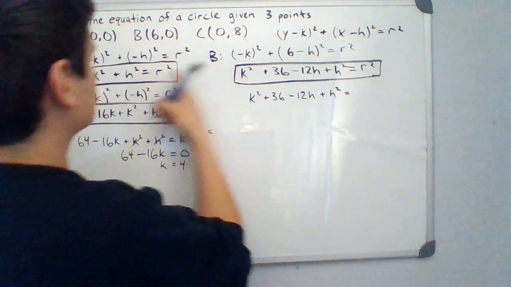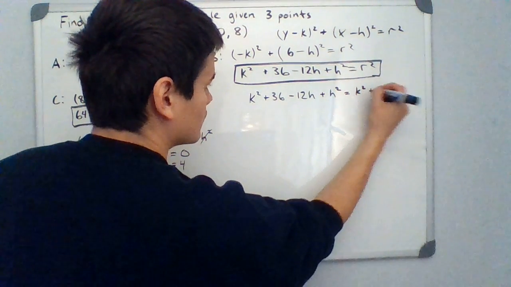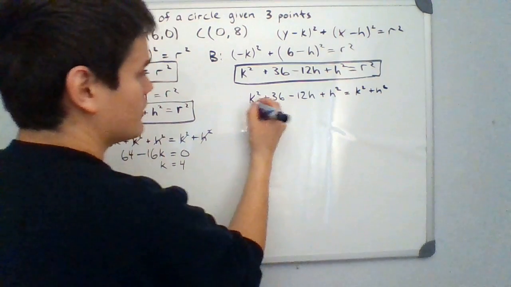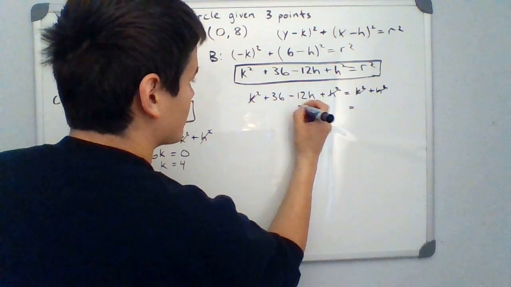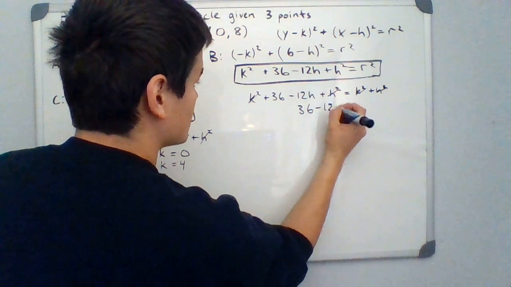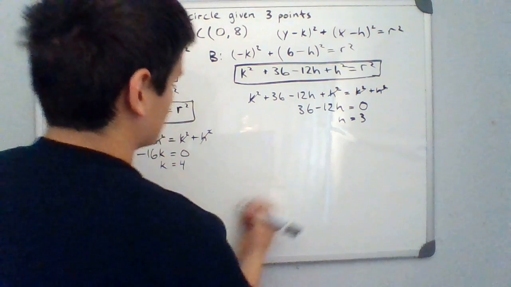And instead of r squared, I'll just write k squared plus h squared. Then we'll subtract those out from each side of the equation, and I'll have 36 minus 12h is equal to 0, or h is equal to 3.